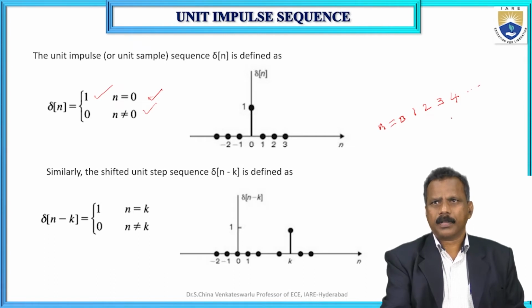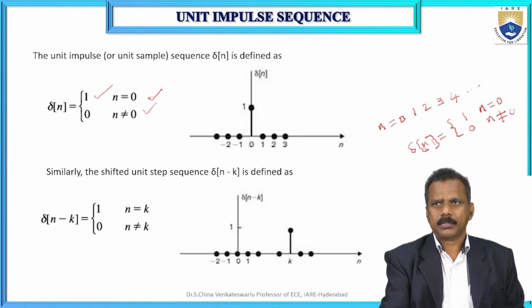If the condition applies according to this unit impulse or unit sample sequence, delta of n is equal to 1 if we substitute n equal to 0, and it is 0 where n is not equal to 0.